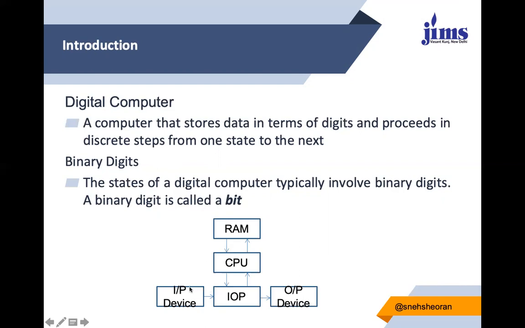You have your input devices along with your output devices. We put the major components into three categories: memory, CPU, and I/O devices. They all work together in sync so that we give certain inputs and get processed data as an output.